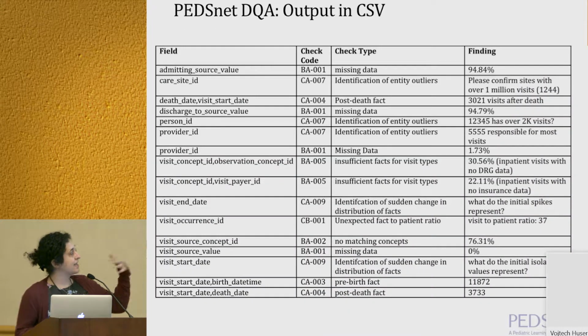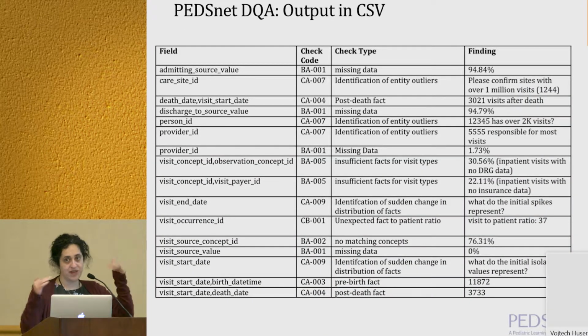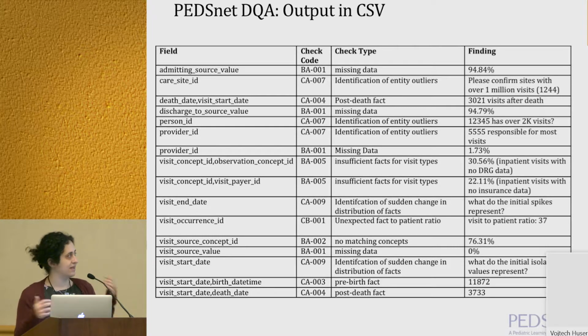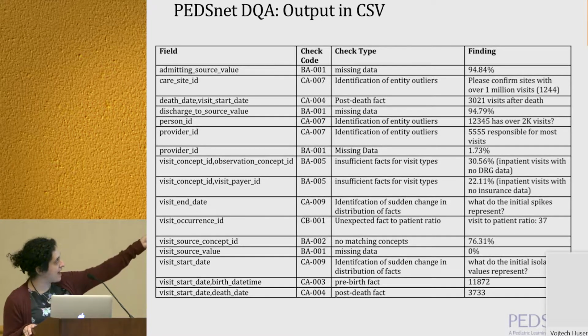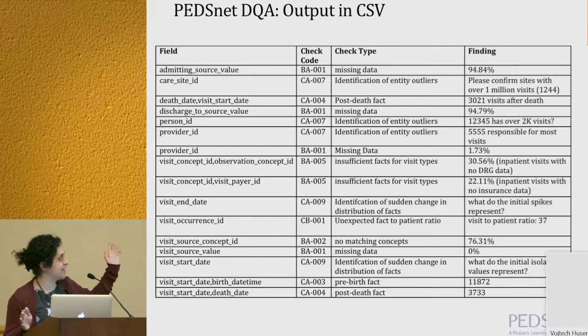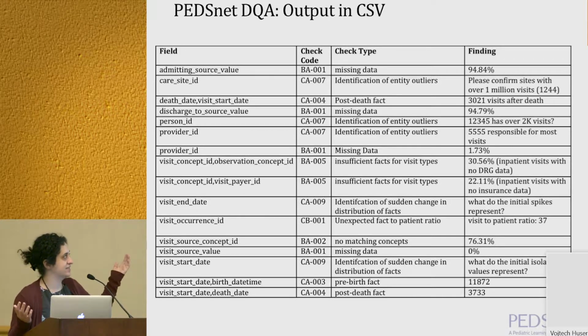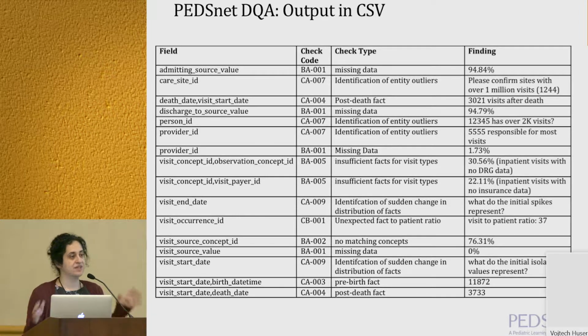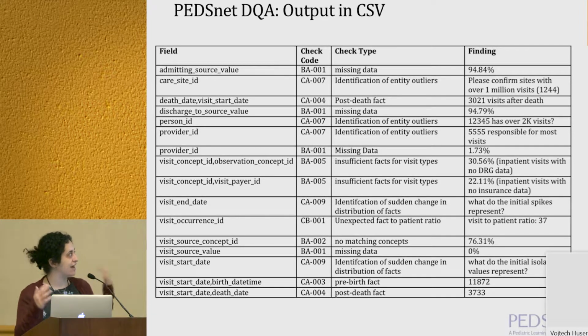So you can see in the output, and Connor will go through the actual steps and give more examples in terms of output, this is how our check works. B001 is the missing data check type. We applied it to admitting source value in our data model, and we found, in this particular site, it was about 94.84% missing. That's how we are cataloging and thinking about our checks as they apply to different fields.